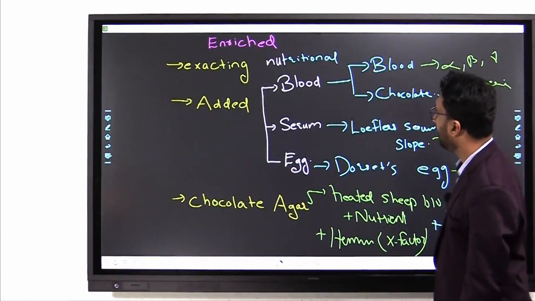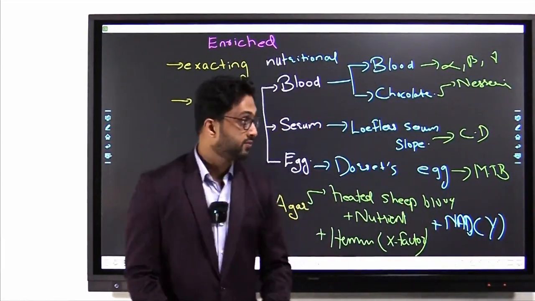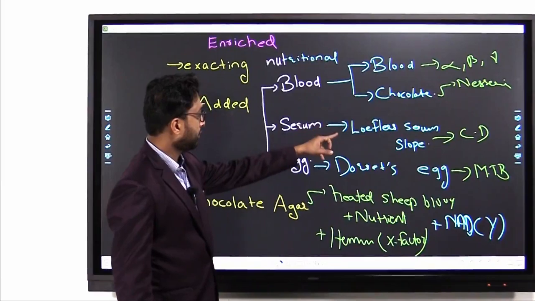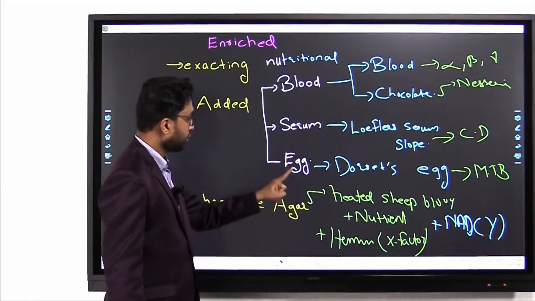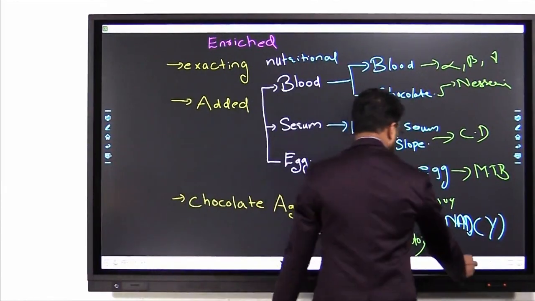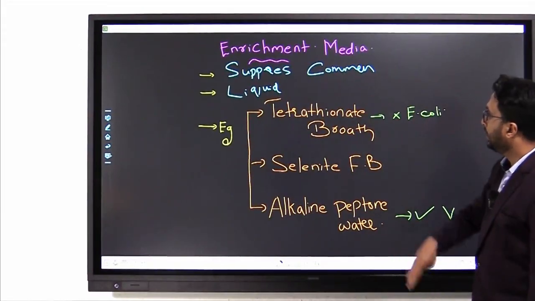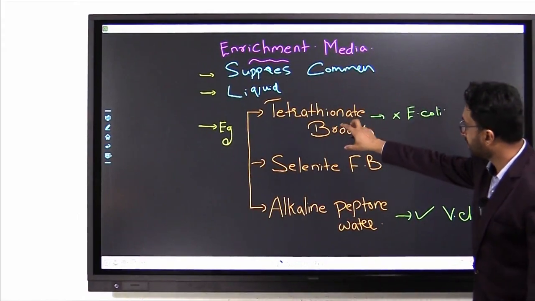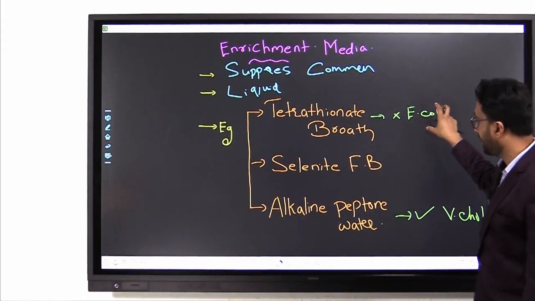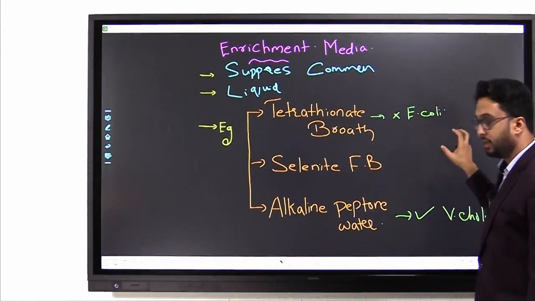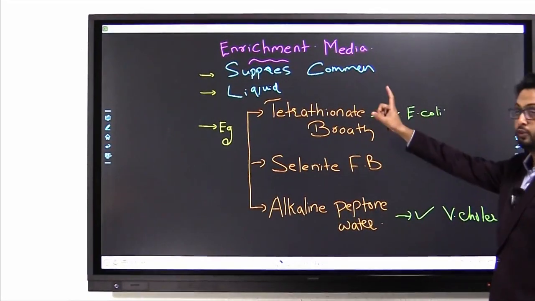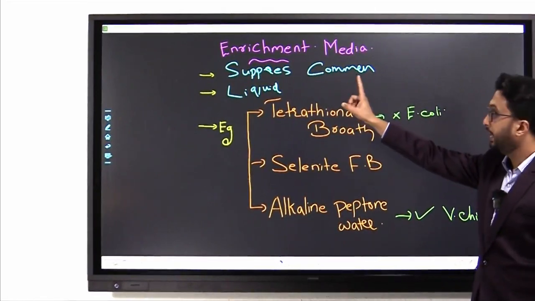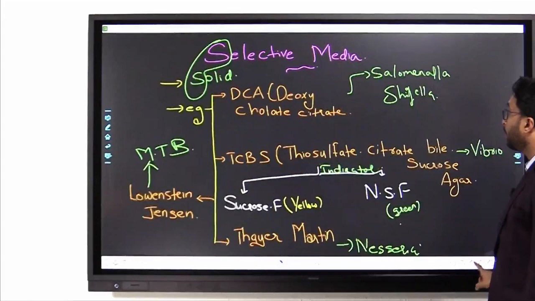Enriched media. What are the exacting requirements? Blood and chocolate agars. Just know we saw serum, Loeffler's serum slope. Egg, Dorset's egg media. And then we saw enrichment media: the tetrathionate broth for Salmonella typhi and paratyphi, selenite broth, again for Salmonella typhi and paratyphi, and alkaline peptone water for Vibrio cholerae, as enrichment media because it suppresses the commensals in the liquid.